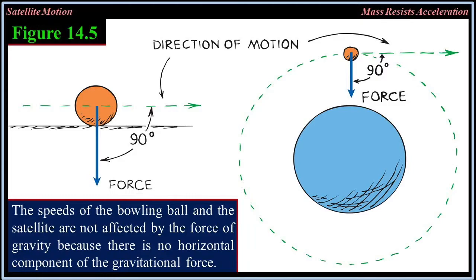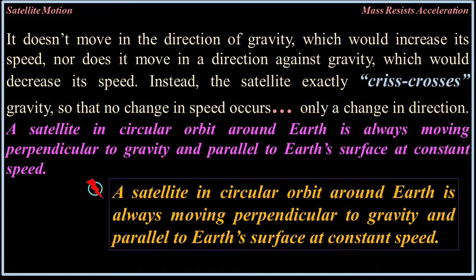Figure 14.5. The speed of the bowling ball and the satellite are not affected by the force of gravity because there is no horizontal component of the gravitational force. It doesn't move in the direction of gravity, which would increase its speed, nor does it move against gravity, which would decrease its speed.